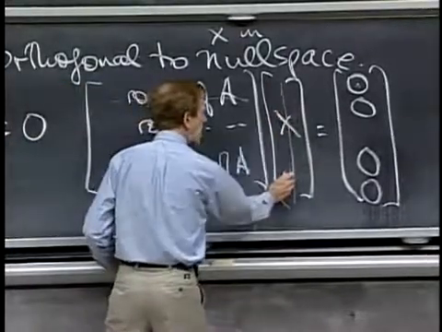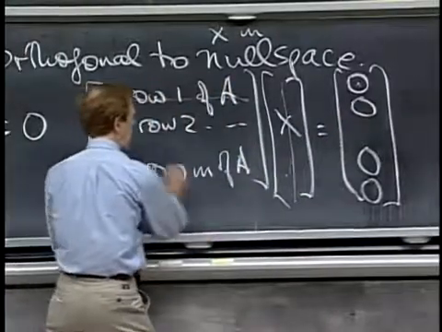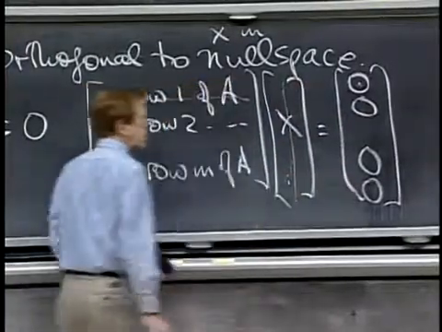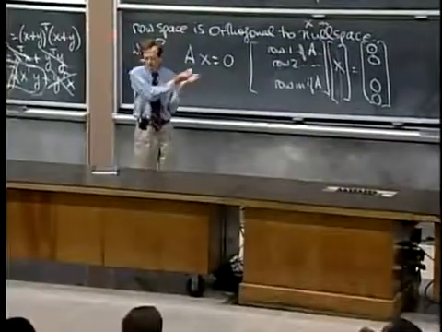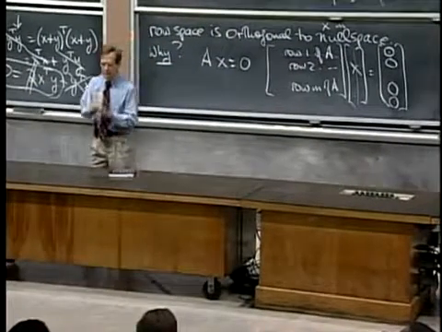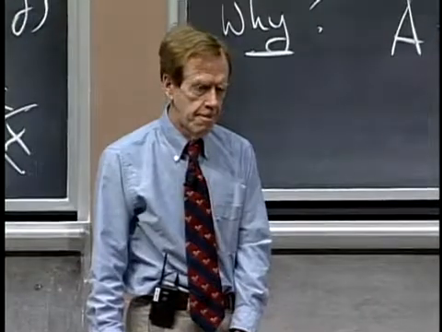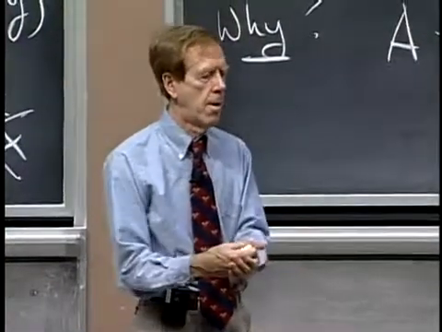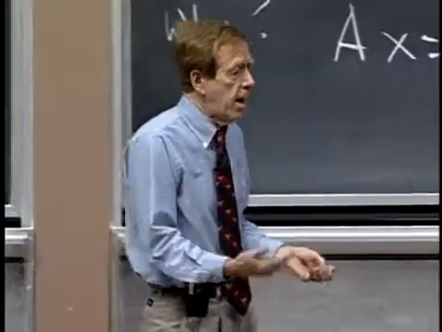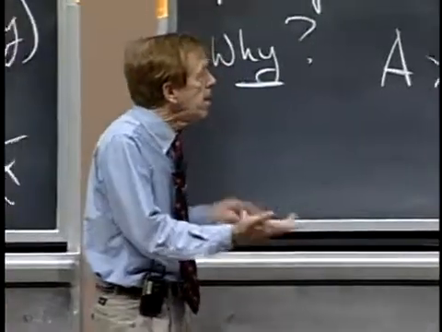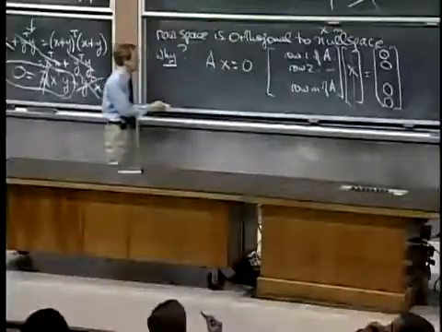Row 2 of A times x is giving that 0. Row m of A times x is giving that 0. So the equation is telling me that x is orthogonal to all the rows. Right? It's just sitting there. That's all it had to be, because we didn't know anything more about the null space than this.